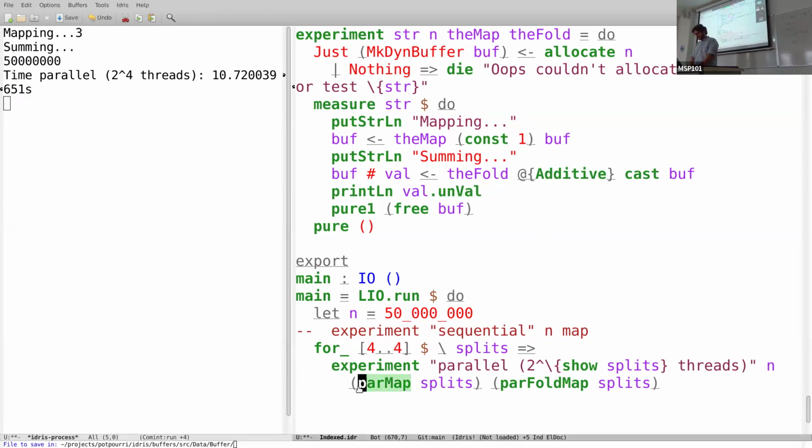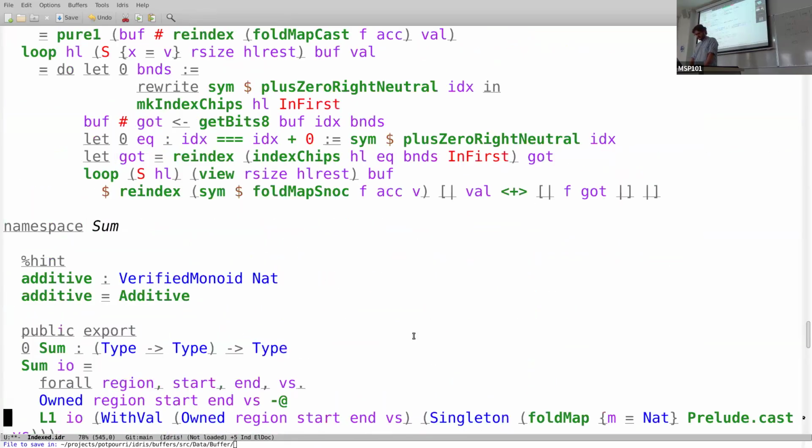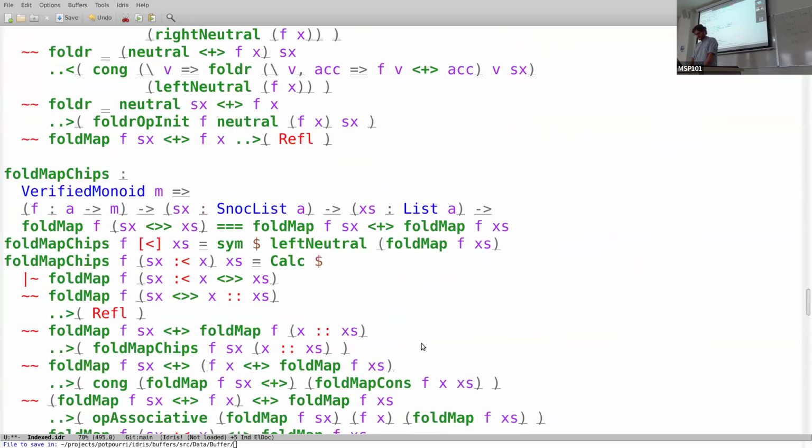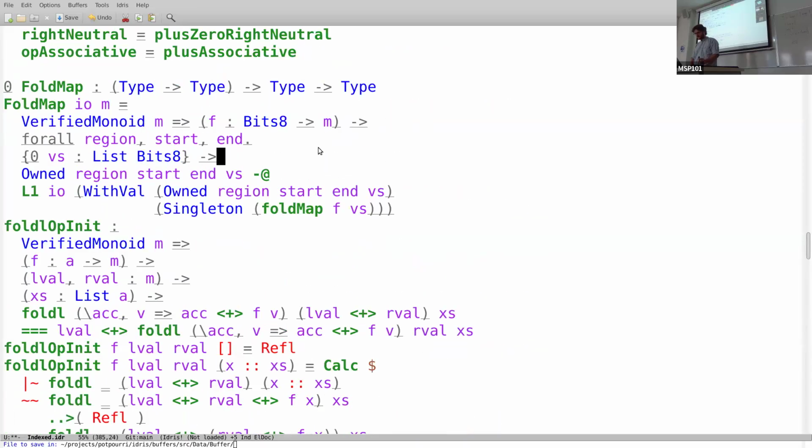Yeah, so that's the idea. So I have some basic things. I also have this fold map, and this one is a bit more interesting because now we're starting to say that this is only valid if you have a verified monoid, whereas in the standard library of Idris you can write a fold map with any old monoid, but because to compute the result by splitting the buffer into smaller things, you actually need to know that you can reassociate the operations.